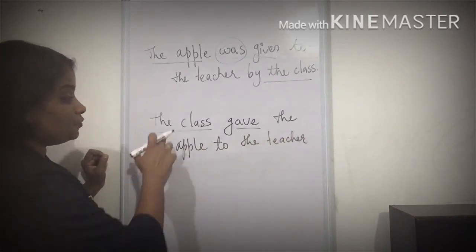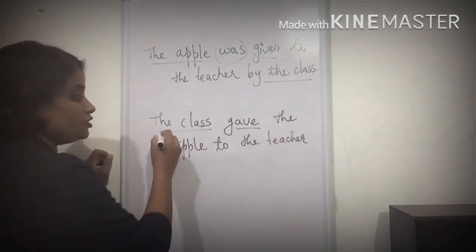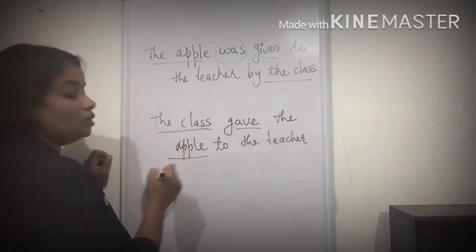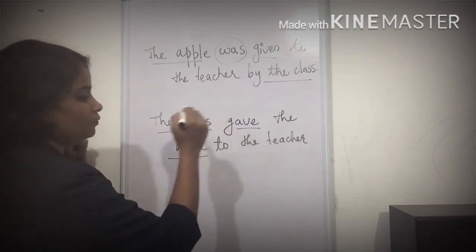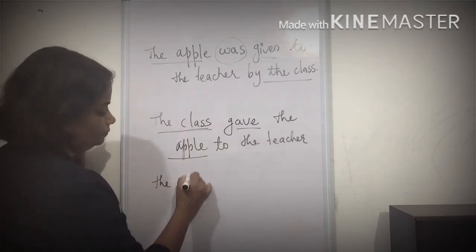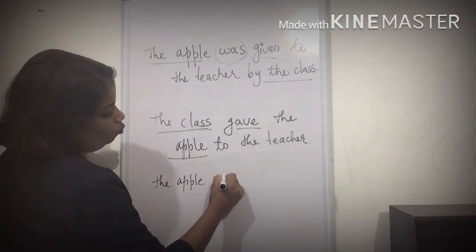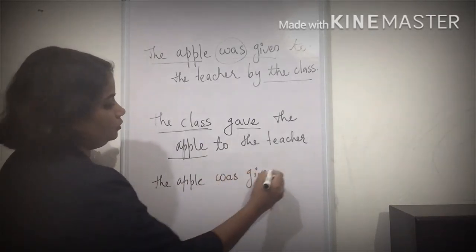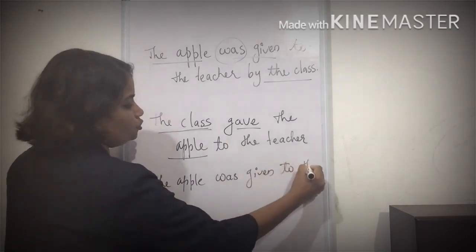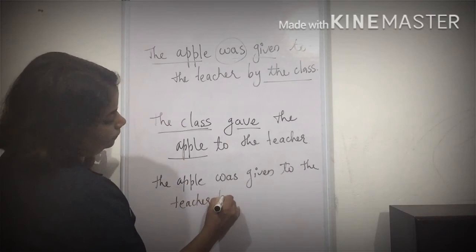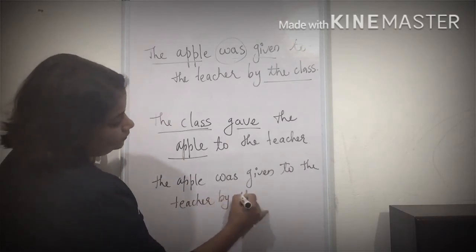Now let's try to transform the statement into passive voice. The class is the subjective case and apple is the object, and gave is the verb. So the apple was given to the teacher by the class.